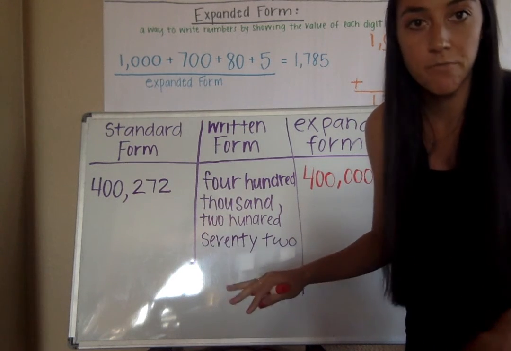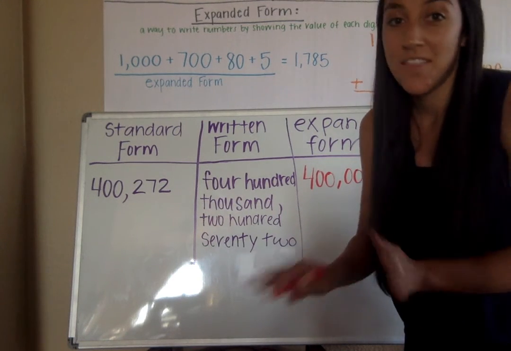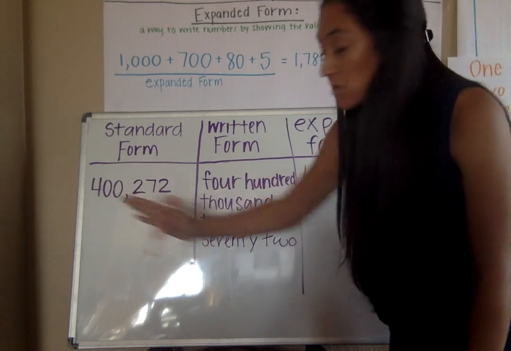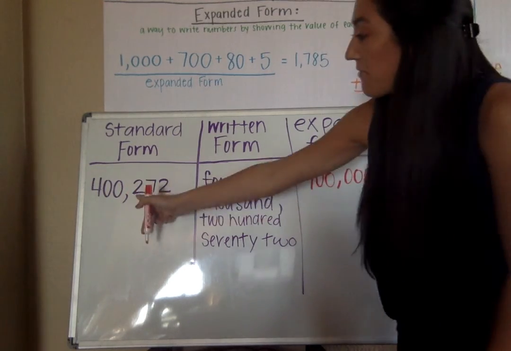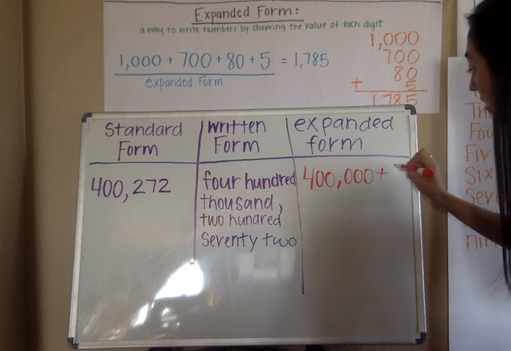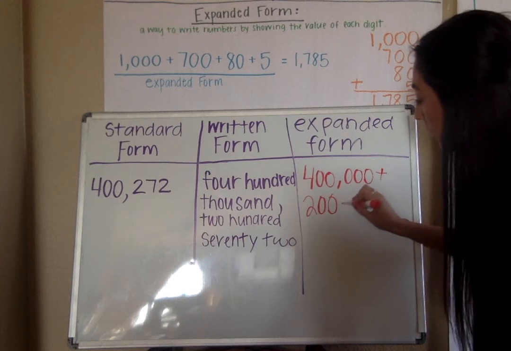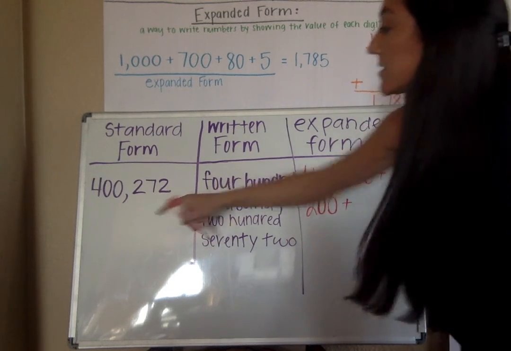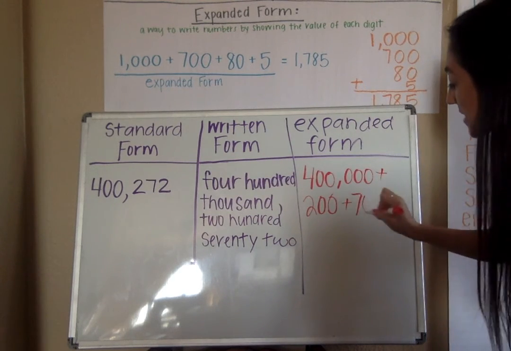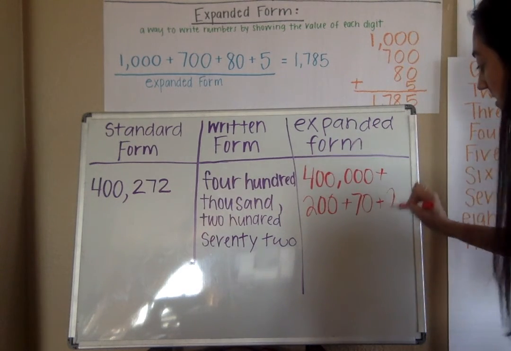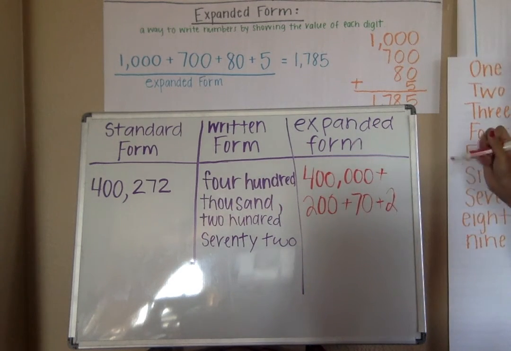I don't add a zero for it. I don't add 10,000 or 1,000. You leave it completely blank and you skip those numbers. But then I have a 2, so now I have 200. I'm just going to write it here. Plus, and then I have a 7 in my tens place, so that represents 70. And then I have a 2 in my ones place, so now I'm going to write the 2.